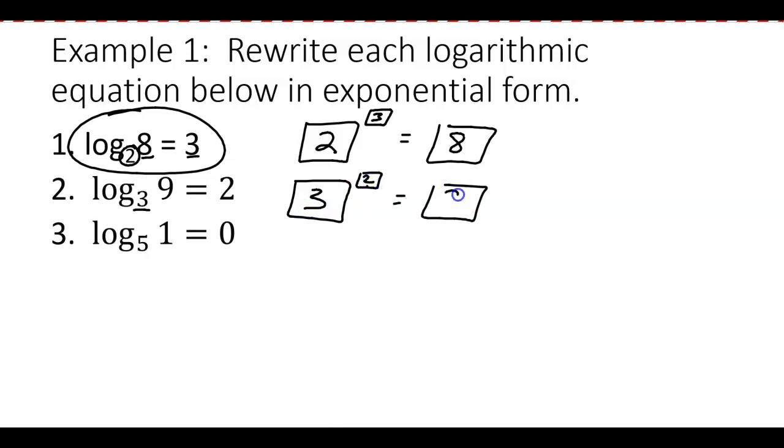And as you guys can see, 3 to the 2nd power is 9. So therefore, log base 3 of 9 is 2. And I'm not going to be too picky about how you guys say this. A lot of times people look at this, and if I ask them to read it, they'll say log 3 9 equals 2. I know what you mean. It's good. But here's how you're supposed to say it: log base 3 of 9 is 2. But not a big deal.